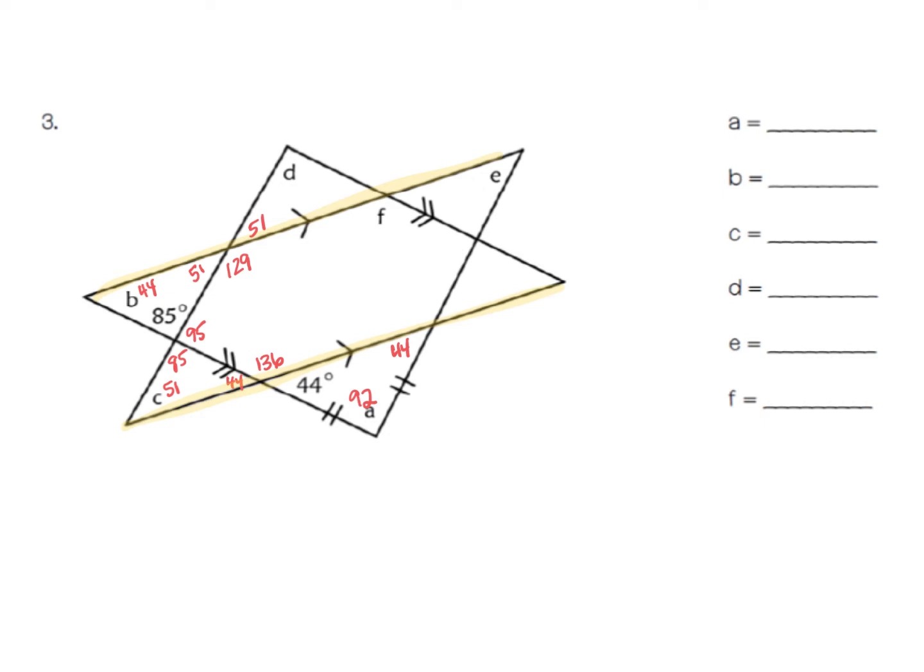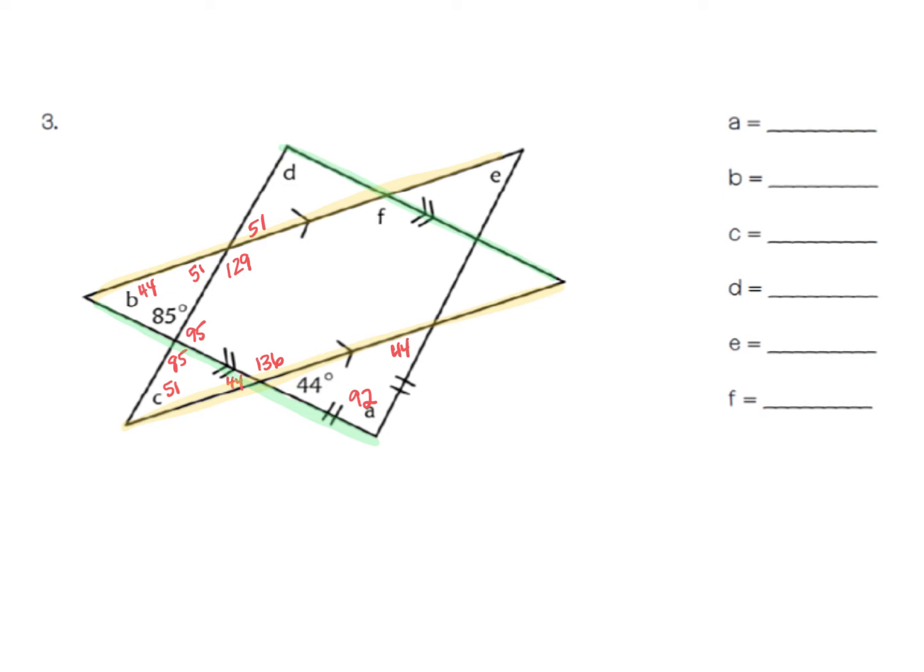All right, so now let's go and look at the other set of parallel lines. So we have another set of parallel lines right here and right here. Okay, so I have more alternate interior angles.